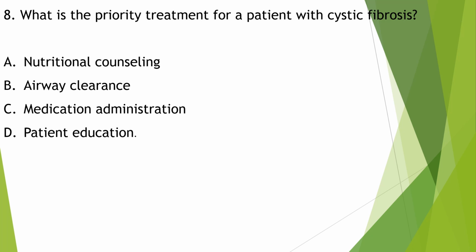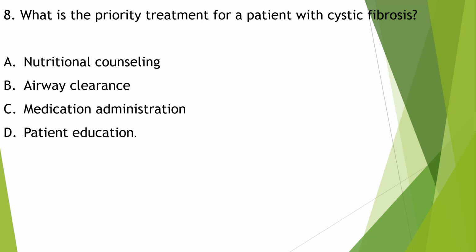The disease is characterized by thick viscous mucus that clogs the lungs and obstructs the pancreas. The other organs affected are the liver, salivary glands and testes also.